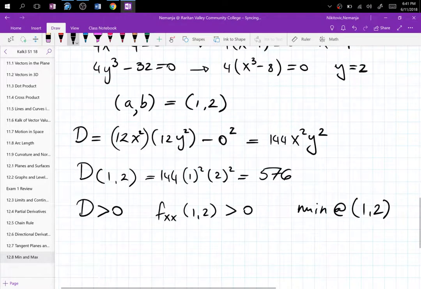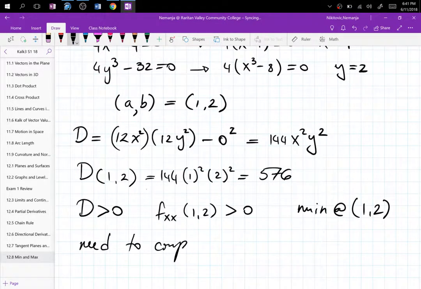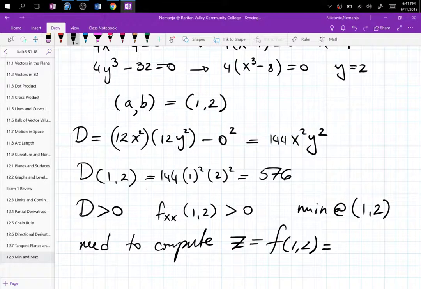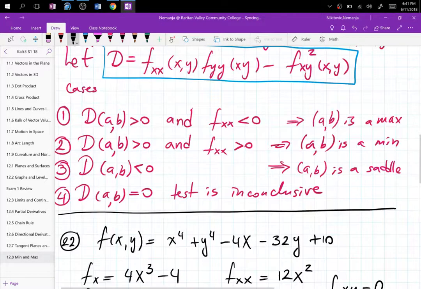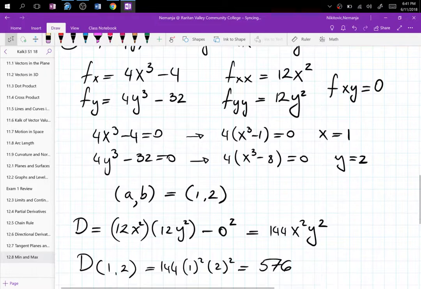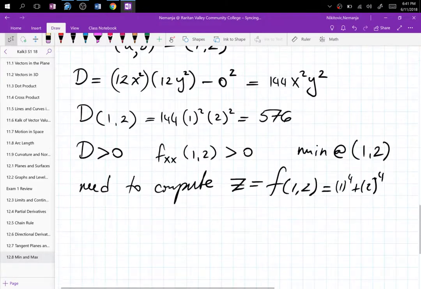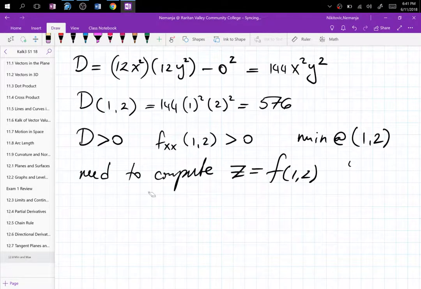And then that would be the full answer, because you want to compute z, because that's going to be f of 1, 2. So now what do we have? We had 1 to the 4th power plus 2 to the 4th power. Now who picked this problem? It's forever. Oh, okay, don't worry about it.